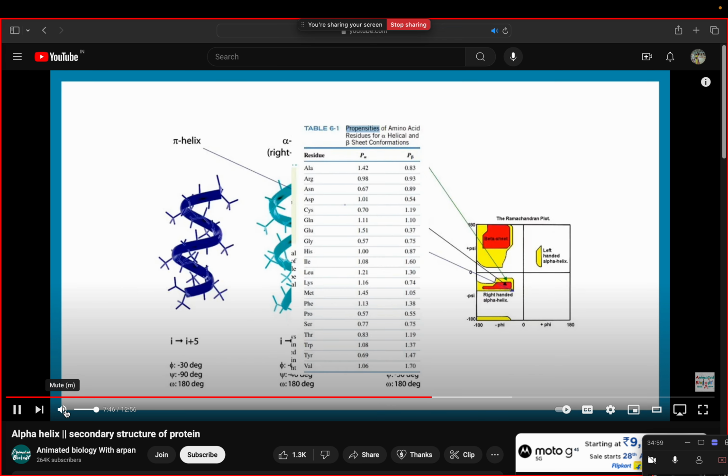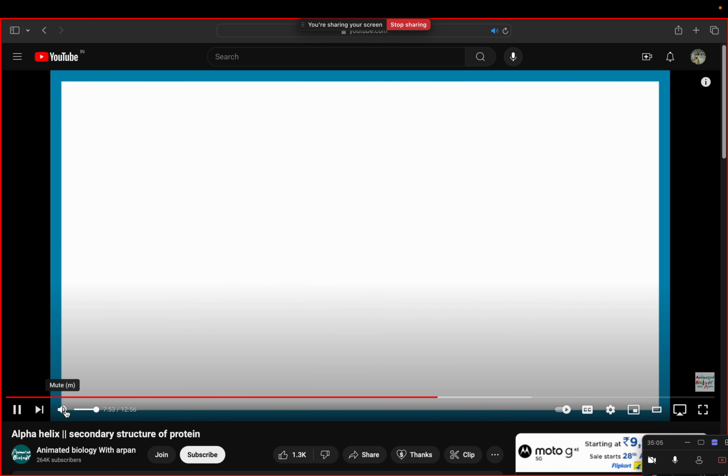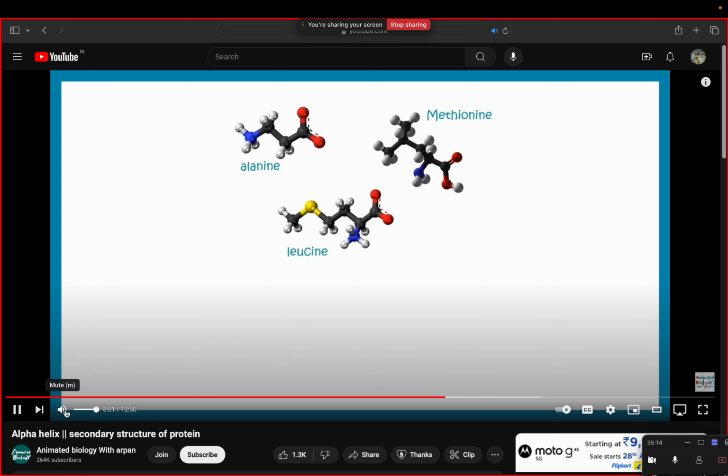Also, there are helix propensities. That means the probability of an amino acid to be found in a particular helix. This governs which of these amino acids might be incorporated to form a helix structure. Amino acids like alanine, leucine, and methionine are helix makers.